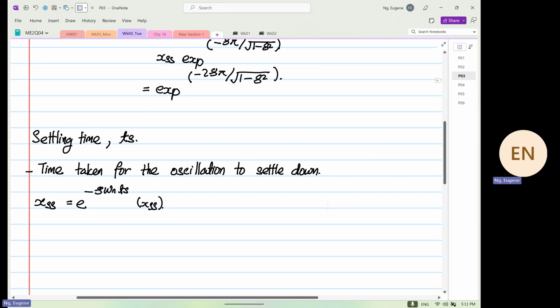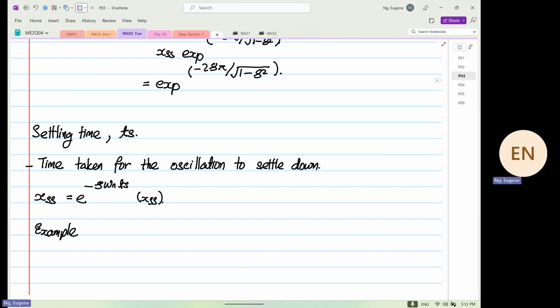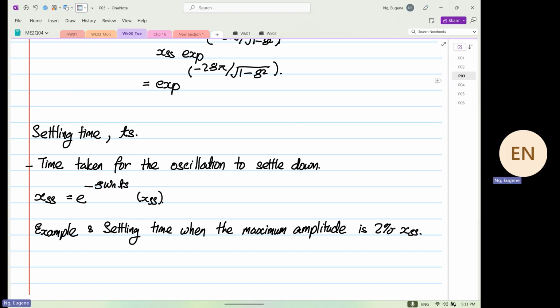Okay, so let's put a quick example for settling time. So we want to find out what is the settling time when the maximum amplitude is 2% of steady state.